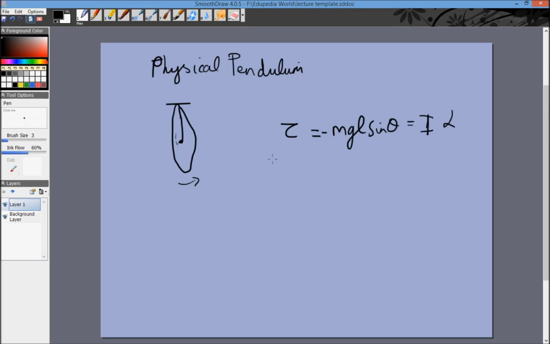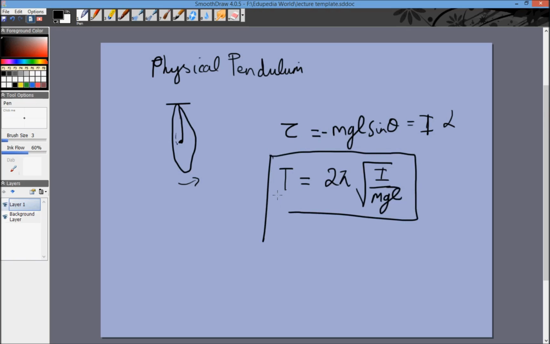So from this you get the equation that the time period, instead of 2 pi root L by G, is 2 pi root of I by mgl. 2 pi by omega, basically omega is root of mgl by I. So for the simple pendulum it's 2 pi root of L by G, and for the physical pendulum it is 2 pi root of I by mgl. We can see that if I put I is equal to ml square, then it becomes 2 pi root L by G. This completes basic simple harmonic motion.